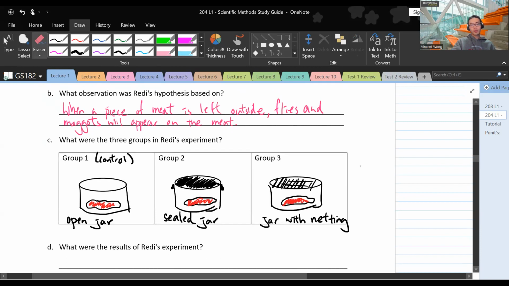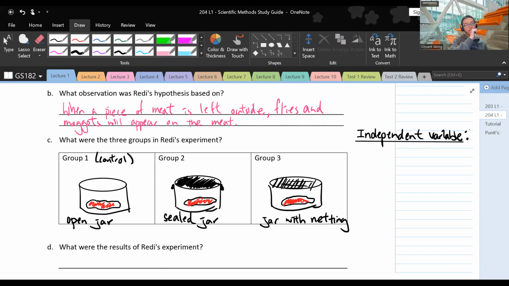Now, before we talk about the results, let's go through the independent variable. What is the independent variable in this experimental setup? The meat and the type of meat. Okay. Anyone else? Good try.